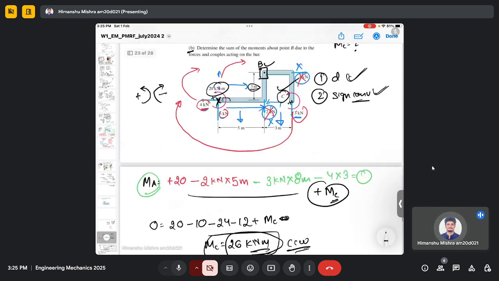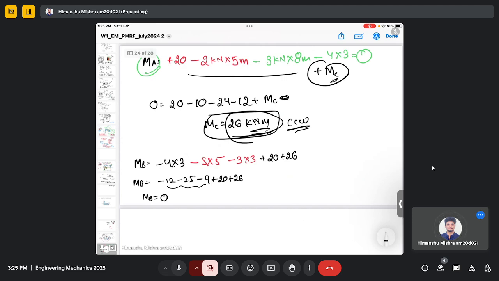Then in the second part, we were asked to calculate the moment at point P. It's a straightforward problem. We just consider the moment due to all the forces and due to couples as well, and then we calculate the moment at point P, which comes out to be 0.